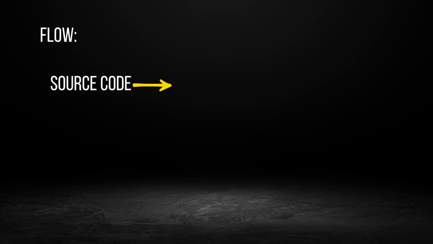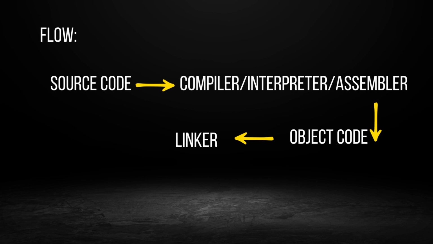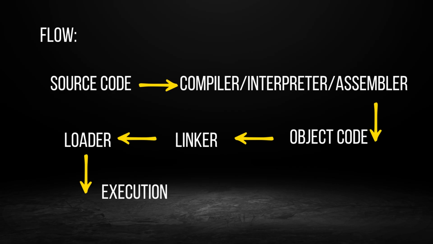Now, here is the flow of translation. Source code goes to compiler or interpreter or assembler, then is converted to object code, then the linker part, then the loader part, then it becomes executable, that is, execution takes place.